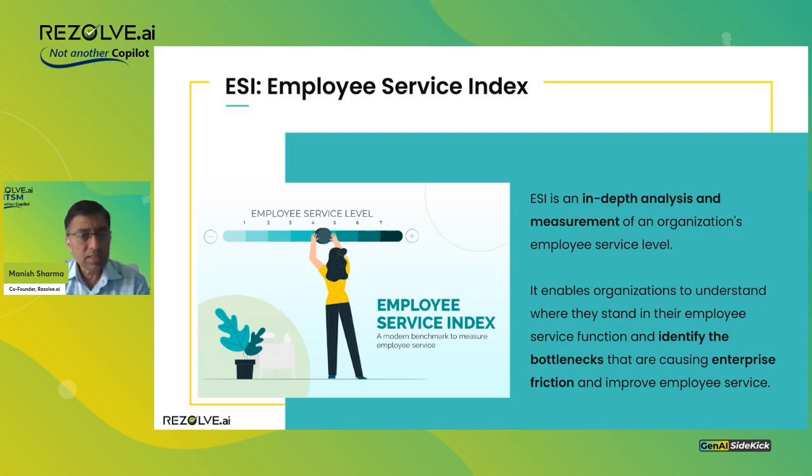So during this exercise, based on our ESI practice, we are going to tell you where you are today, how you reach your desired level, and how different levels map to different capabilities. This is a concept that was started by us around 3 years ago. It has matured, it has been applied to a lot of organizations, and companies find it really useful.